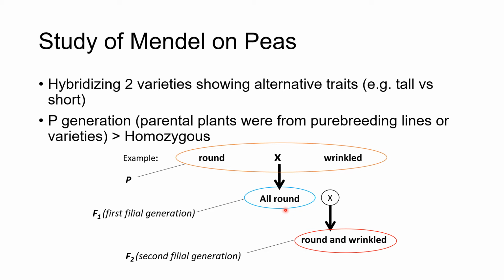It can express itself kahit isa lang yung dominant allele doon sa gene. So, meaning, itong all round na to, this is the dominant trait. So, ito yung dominant, ito yung wrinkle.